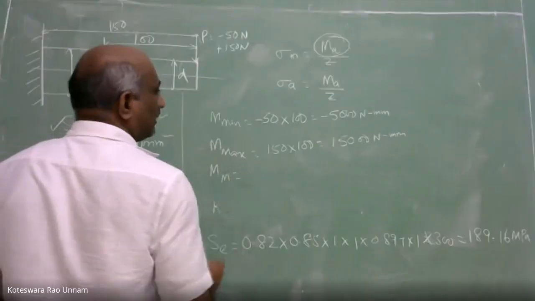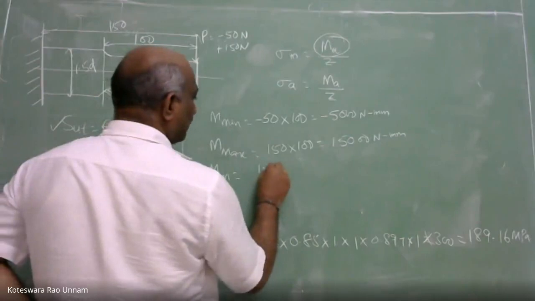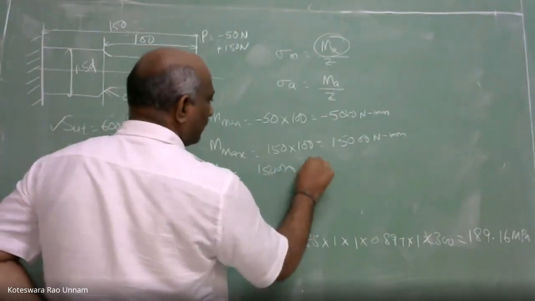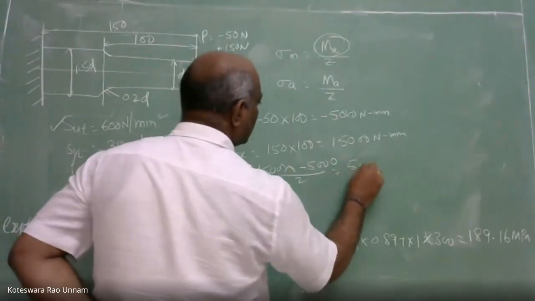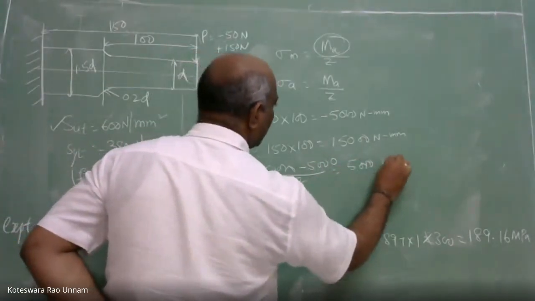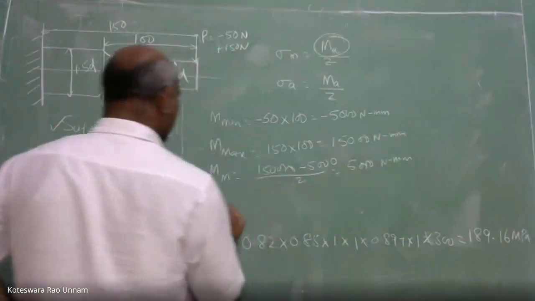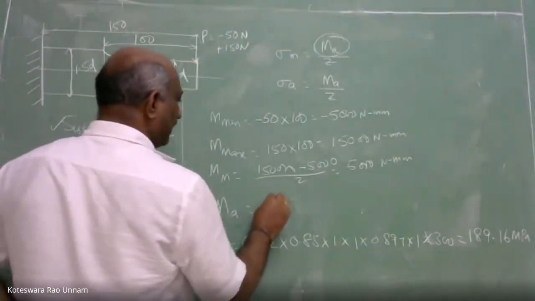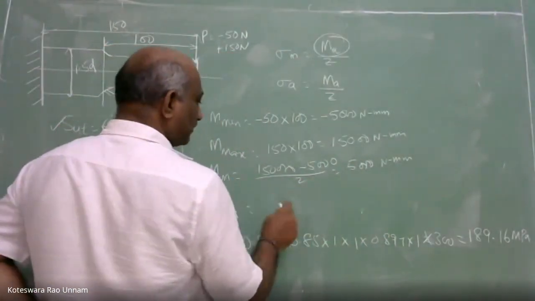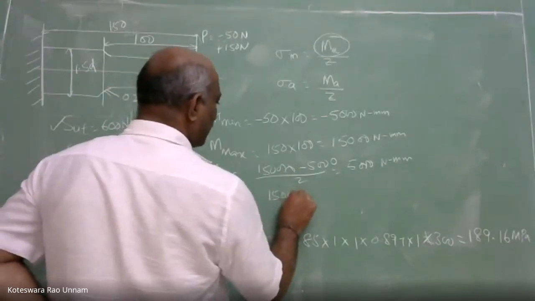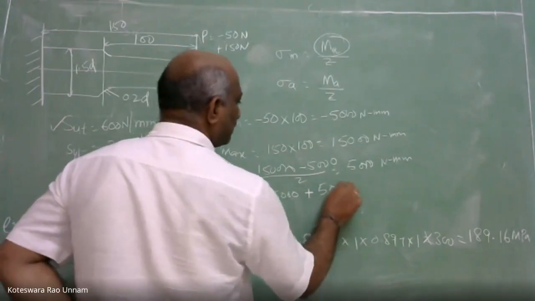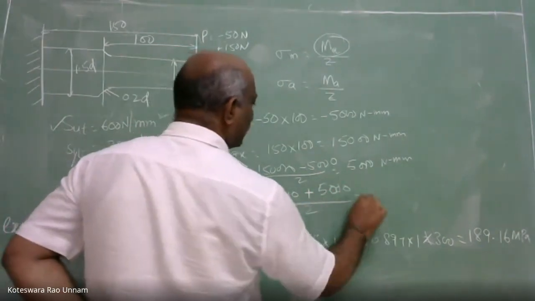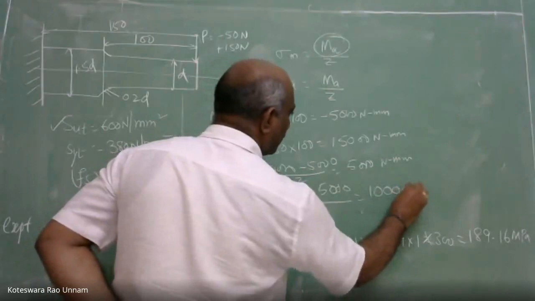Your mean bending moment is the average of these two, that is 15,000 minus 5000 divided by 2, which is 5000 Newton mm, and the amplitude bending moment is M max minus M min, 15,000 plus 5000 divided by 2, which is 10,000 Newton mm.